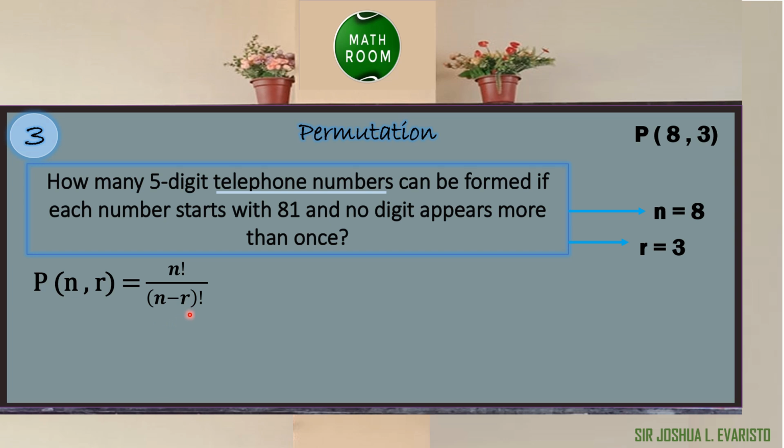By substituting the given values of n and r, we have permutation of 8, 3 is equal to 8 factorial over quantity 8 minus 3 quantity factorial.